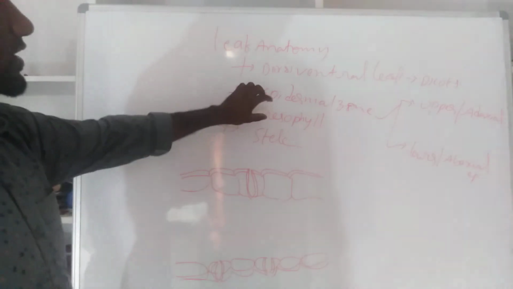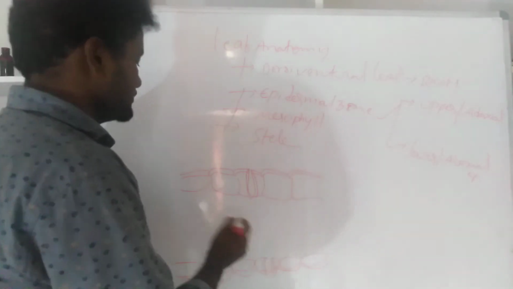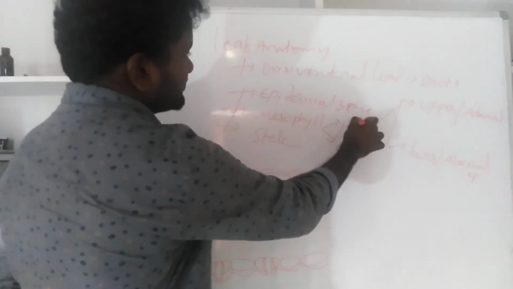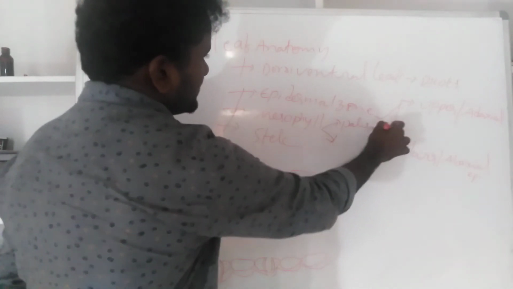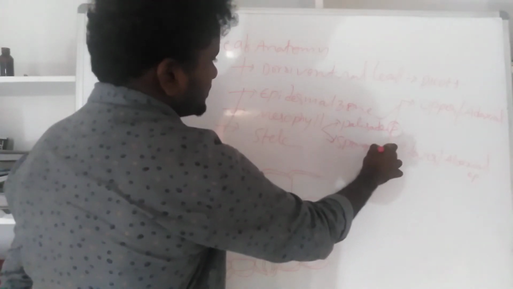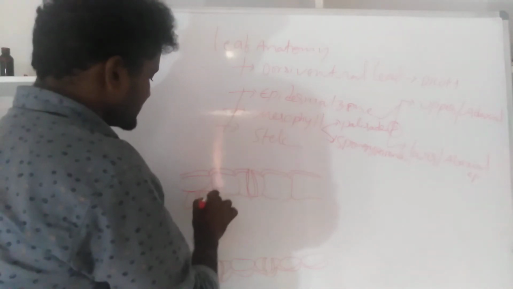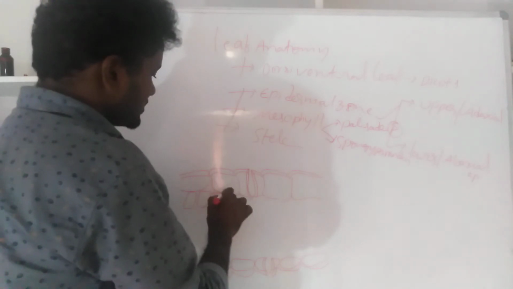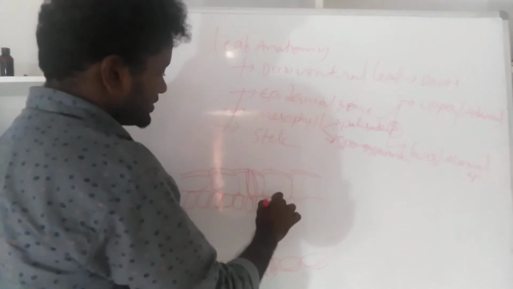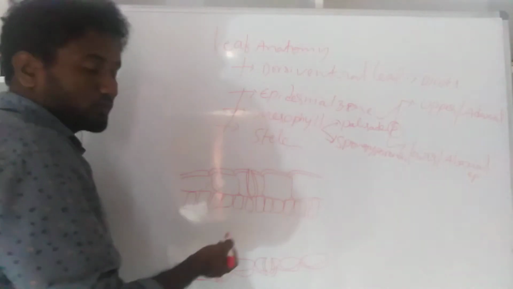The second zone is the mesophyll zone. The mesophyll in a dorsiventral leaf is differentiated into two kinds of cells: palisade parenchyma and spongy parenchyma. Palisade parenchyma cells are elongated and arranged on the upper epidermal side, in parallel, and contain more chloroplasts.